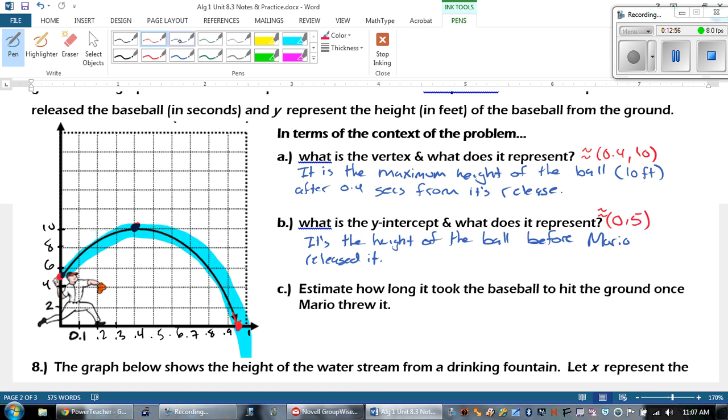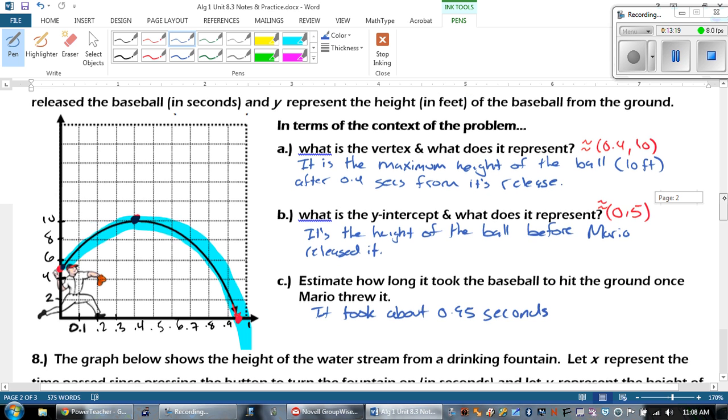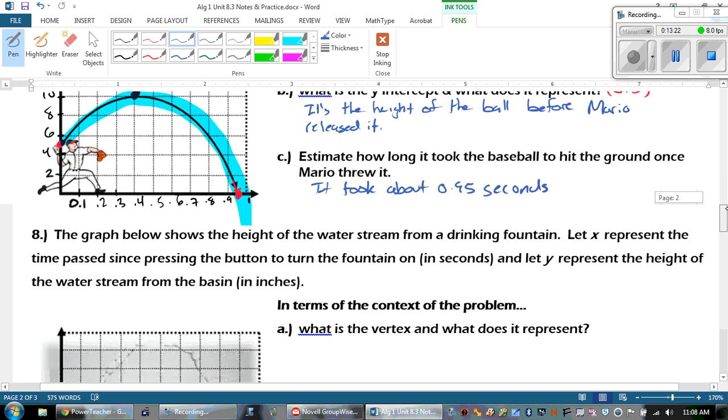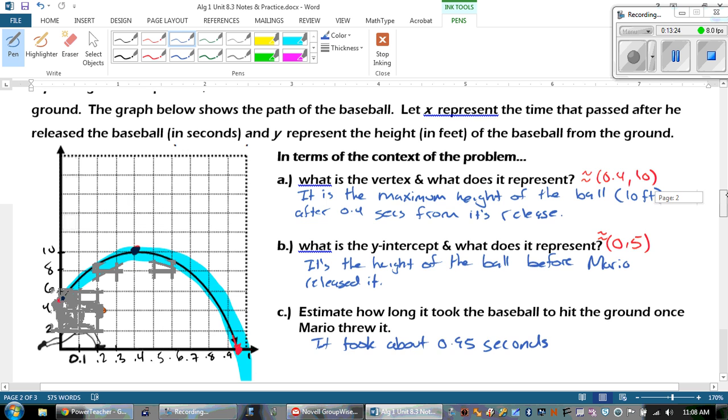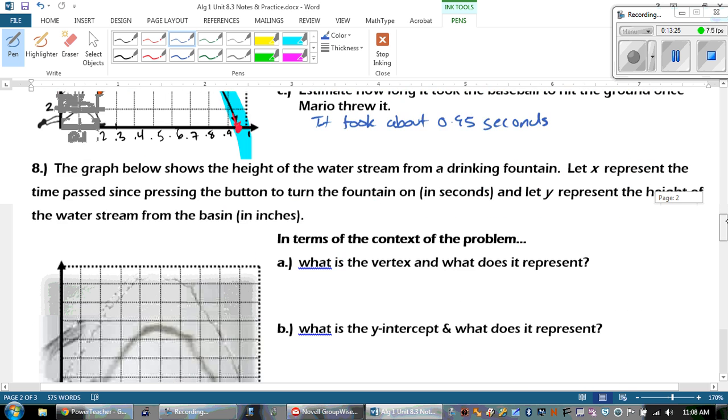And that's when the ball hit the ground. So we would say it took, what number do you think that is? About, because we're not sure, I think it's about 0.95. It's right in between the 0.9 and 1. So 0.95 sounds about right. It takes 0.95 seconds. Okay? So we're looking at the graph and then figuring out all this information.